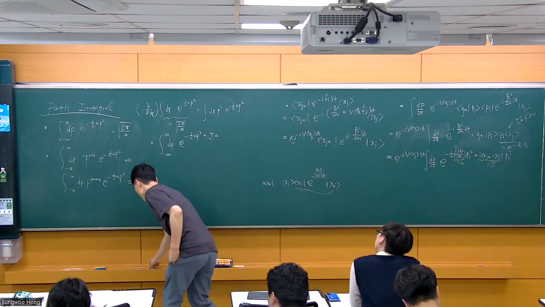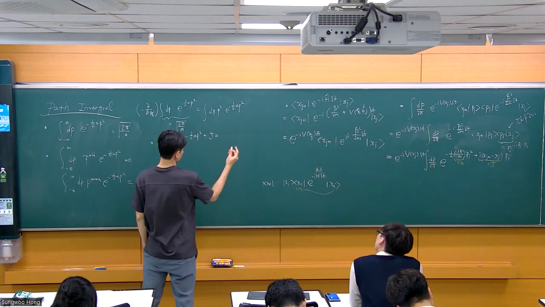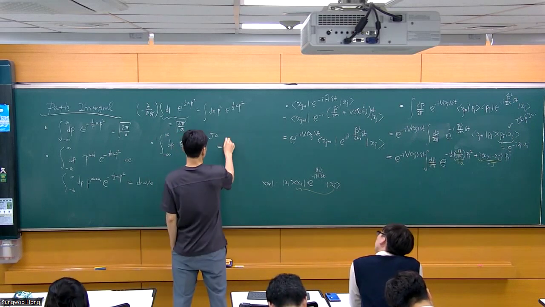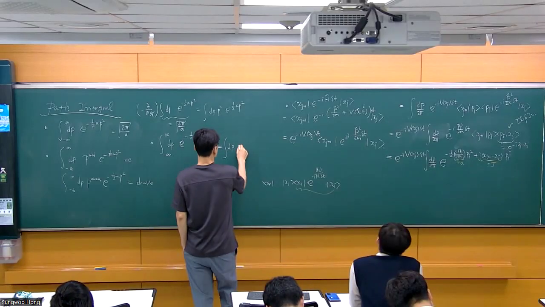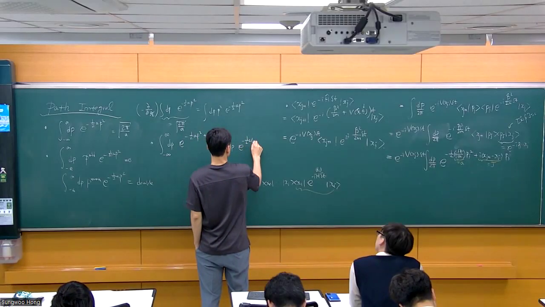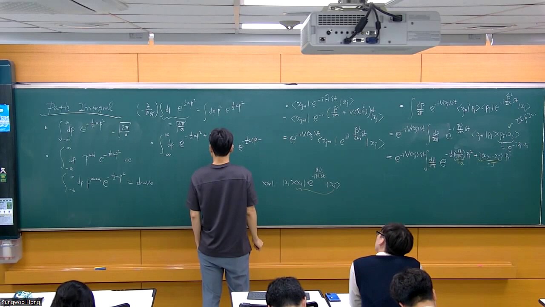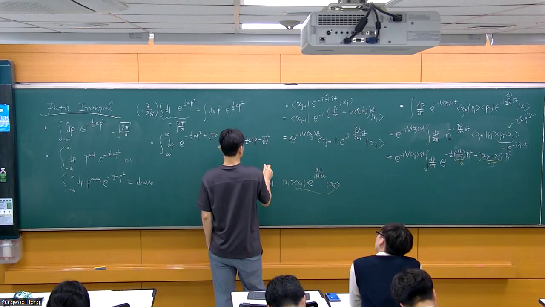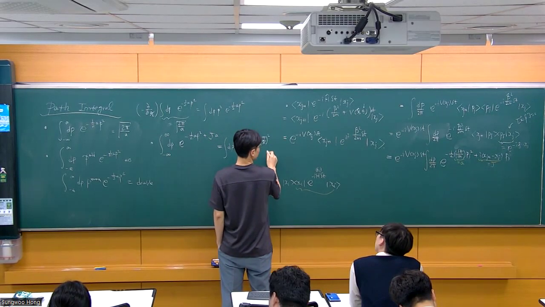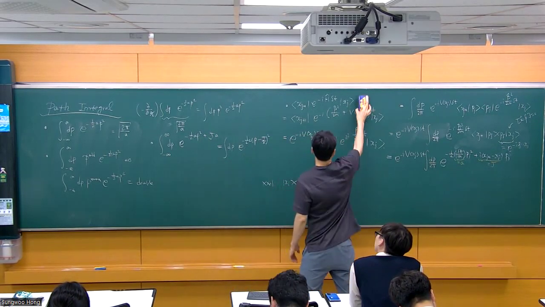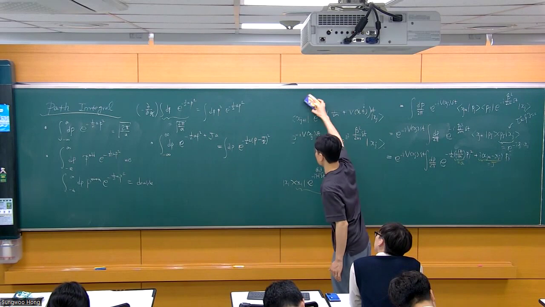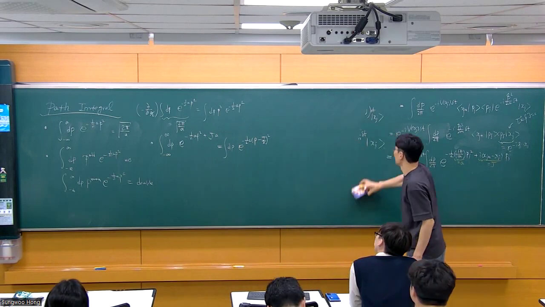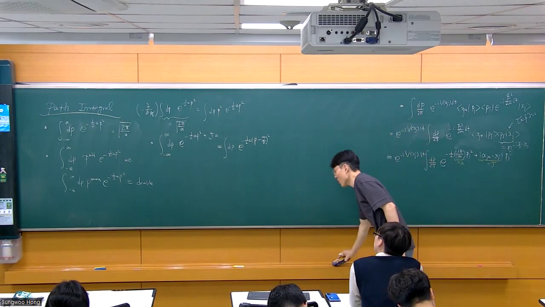And complete the square, I guess. So this is the integral of dp e to the minus a over 2 times p minus J over a, squared, and then I haven't finished it, by the way, and what?